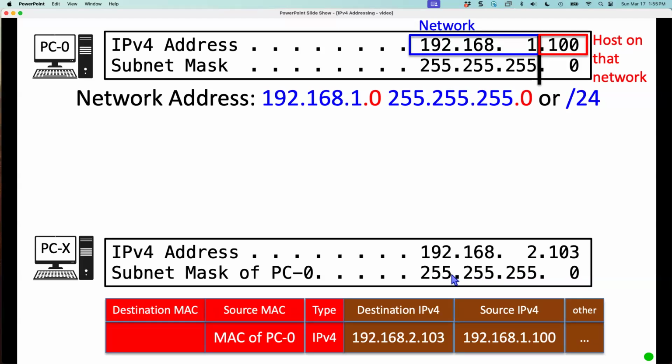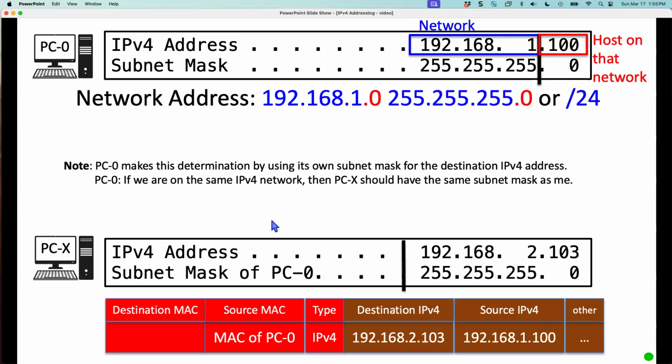So I'm going to use my mask here, 255.255.255.0. Okay, so I'm going to do that bitwise AND operation on your IPv4 address using my mask. Again, you're on my network, we're using the same mask. And let's see what it comes up with.